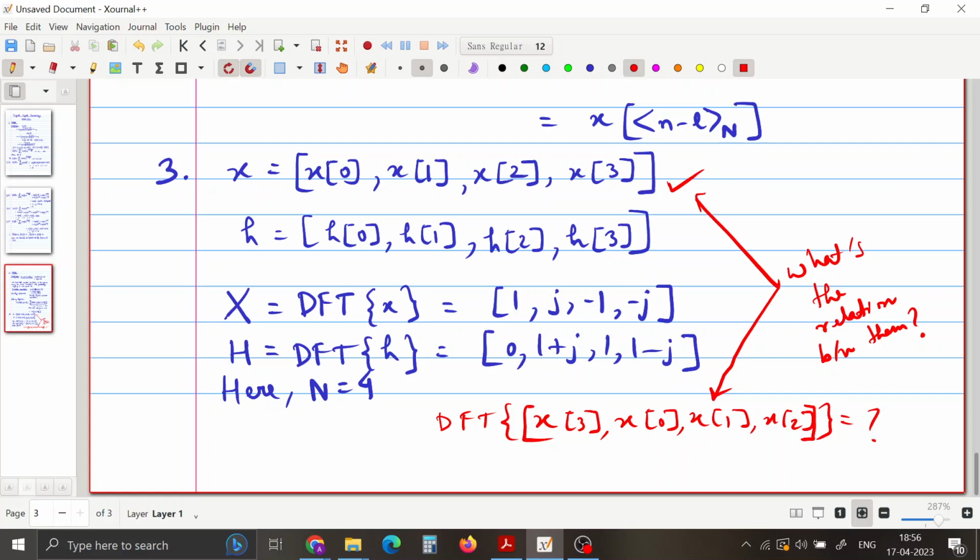In DTFT also we saw the shifting property. Shifting in the time domain sequence leads to an exponential multiplication in the DTFT, and the same holds for the DFT as well. So let's do that. Okay, so this is clear, right?